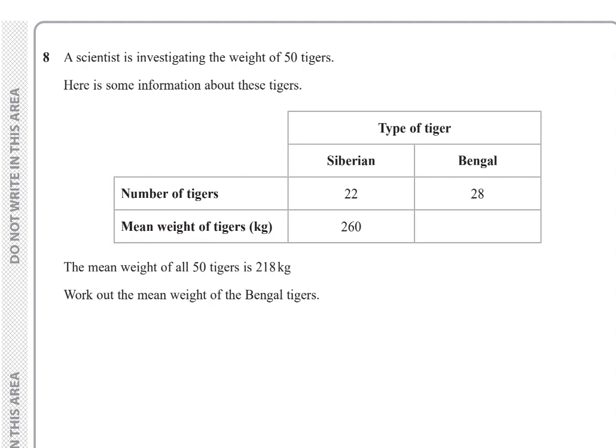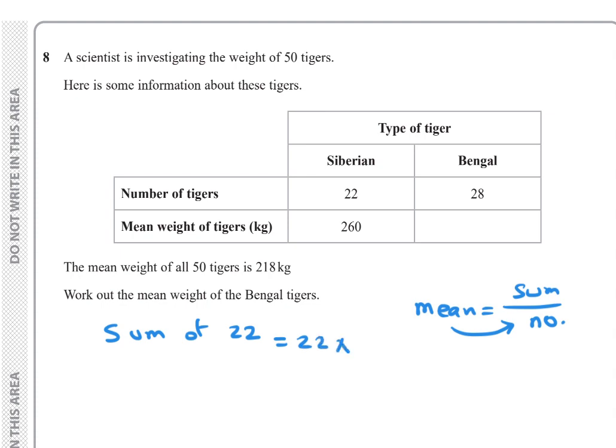From the rule, mean equals sum over the number, so you can deduce that the sum equals mean times the number. So I need the sum of 22 Siberian tigers: multiply 22 by the mean weight, which is 260, equals 5,720. The same, we have the mean for the 50 tigers, so we can find the sum of the 50 tigers.